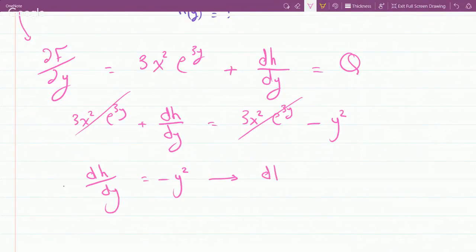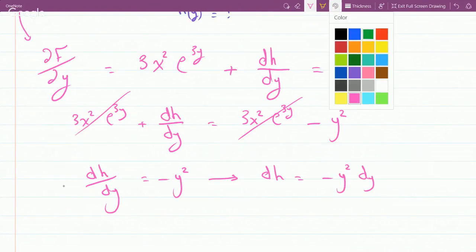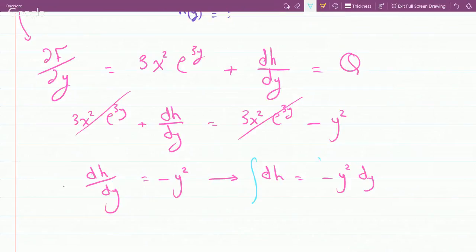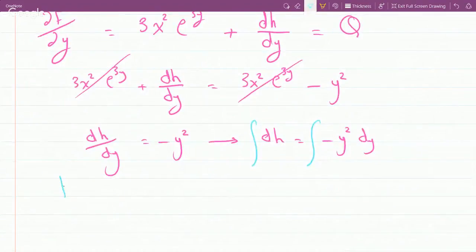Separate the variables. dh equals minus y squared dy. We integrate both sides and then we solve for h. h of y is just minus y cubed over 3 plus some constant c.